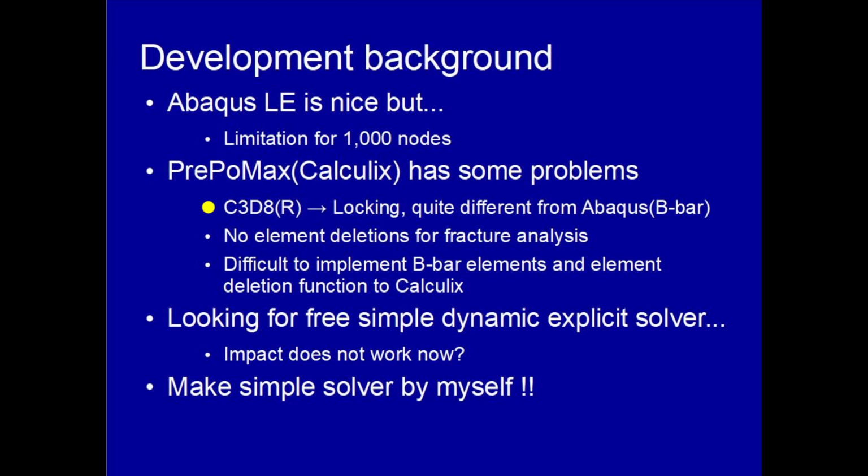I mean, the solid element of calculus has locking problem, and the result is quite different from Abacus. Because it seems that Abacus used beaver element for avoiding locking problem. As far as I researched, in ParaView we cannot use beaver element now.